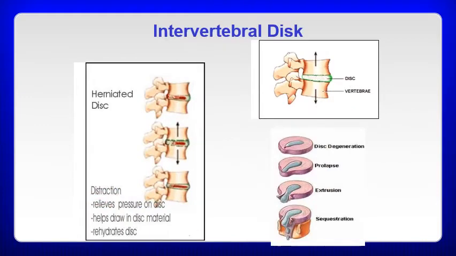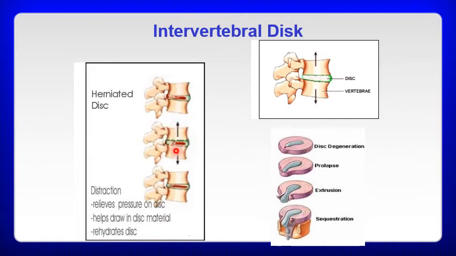The disc many times gets implicated and can be the cause of pain for somebody with lumbar spine pain. So let's look at what goes on with a herniated disc. The disc has to move and shift to help cushion the spine. It takes pressure off of the facet joints. Distraction relieves pressure on the disc.